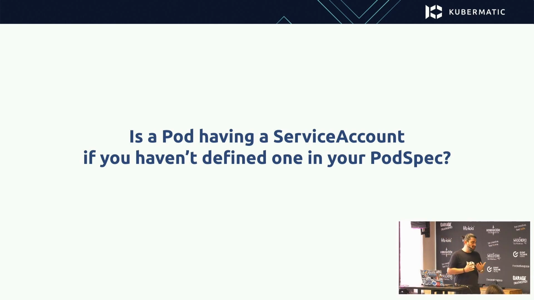So the question is, even if you do not specify a service account in your pod specification, is there a service account inside or defined by default? And well, the answer is yes. There is a default service account per each namespace, and the token of it is mounted by default to all pods.